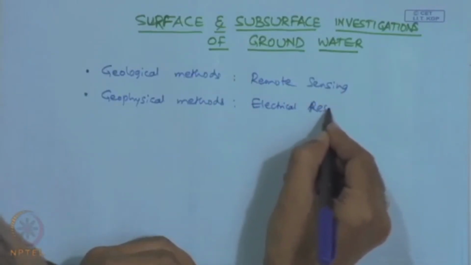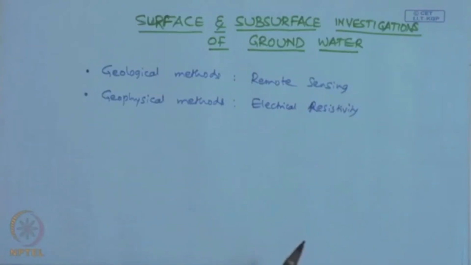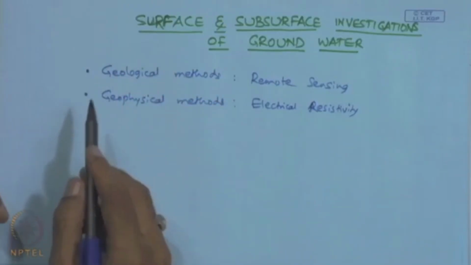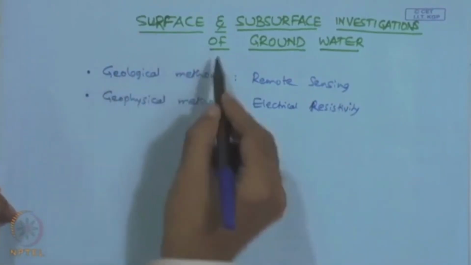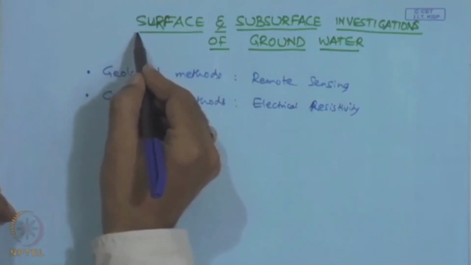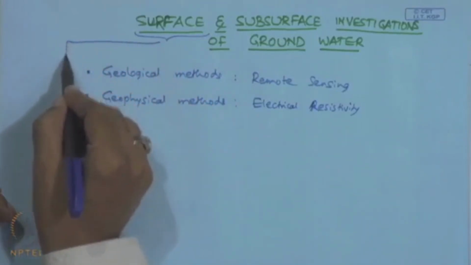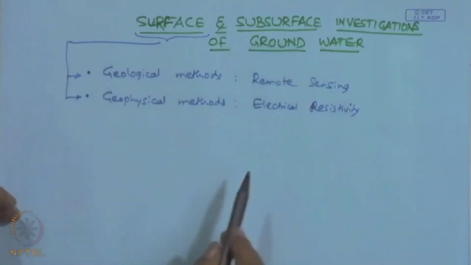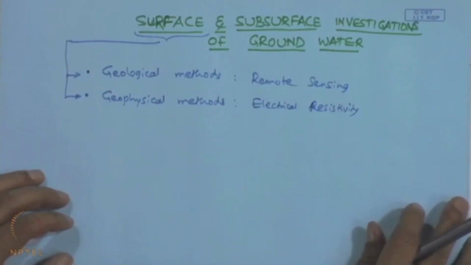Firstly, of course, all these belong to the surface investigations of groundwater. And after completing the surface investigations of groundwater, we will move on to the subsurface investigations of groundwater.